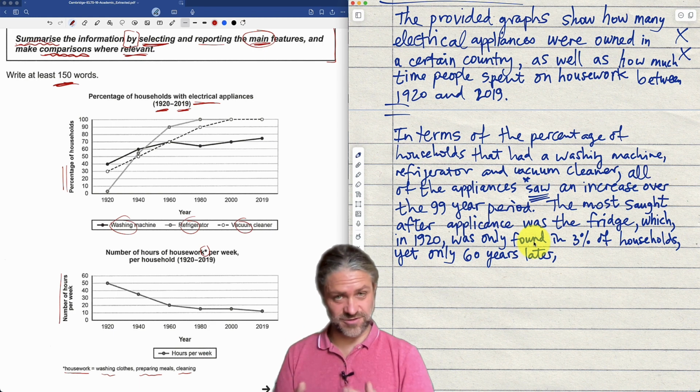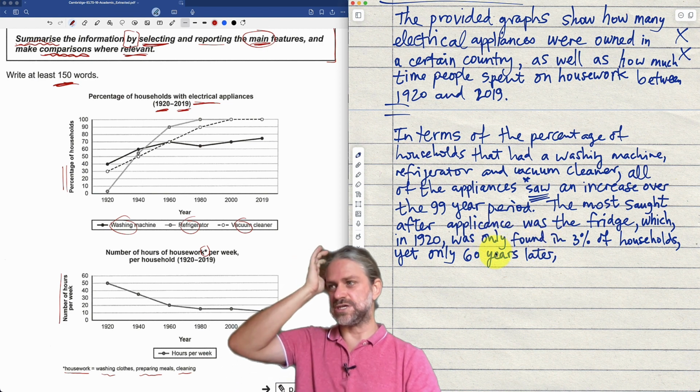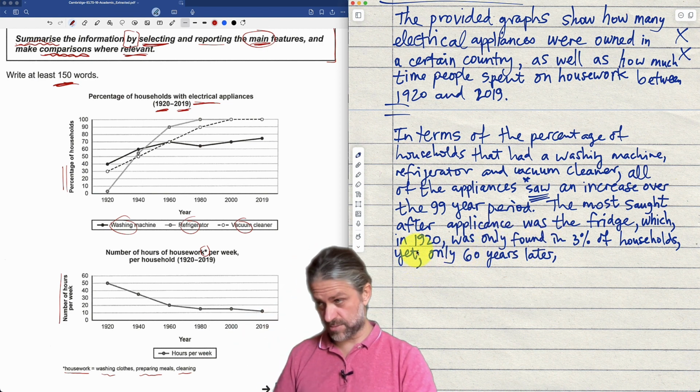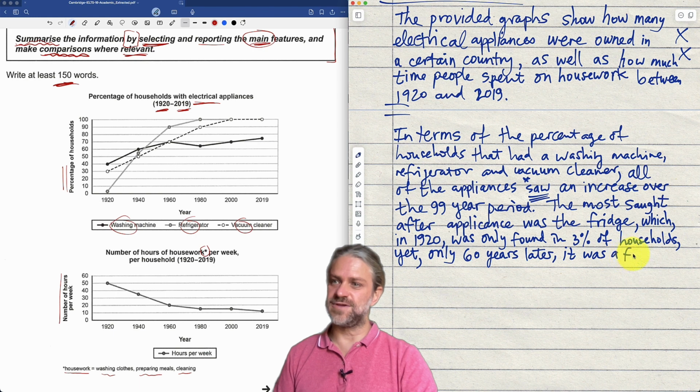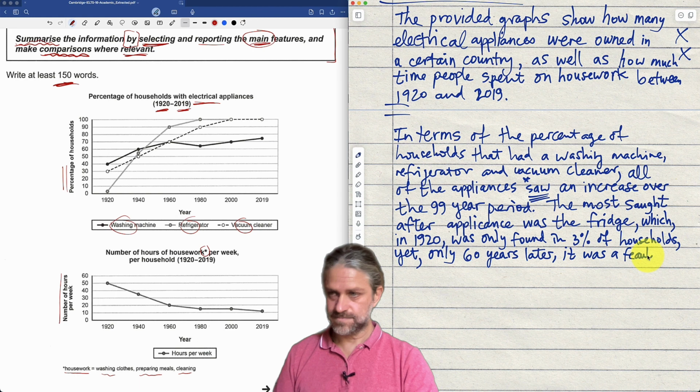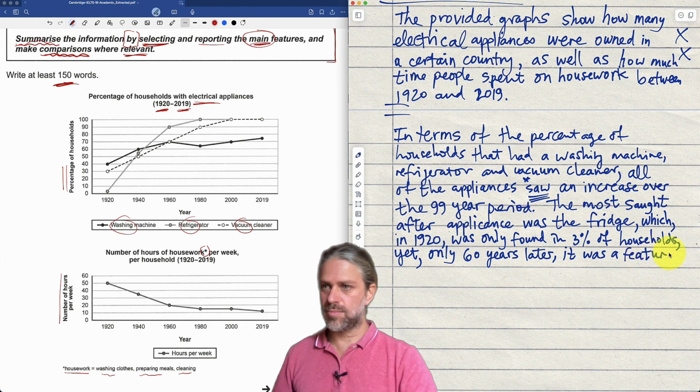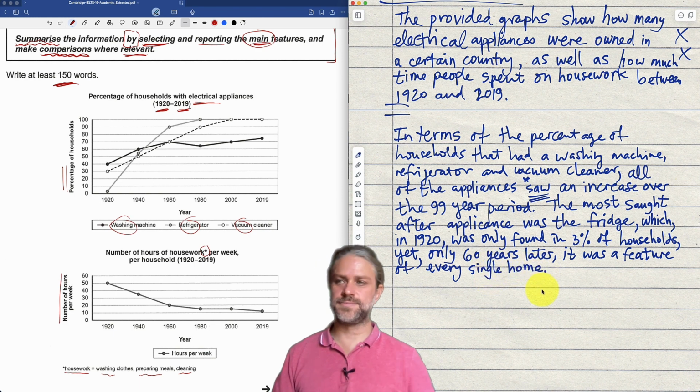If you want to really show off, getting a 9, it was only found in 3% of households, yet, with another comma after yet, only 60 years later, it was a feature. I'm not going to say 100%. I'm going to use every. Spell it properly. Feature of every single home. Okay, household is another way for home.